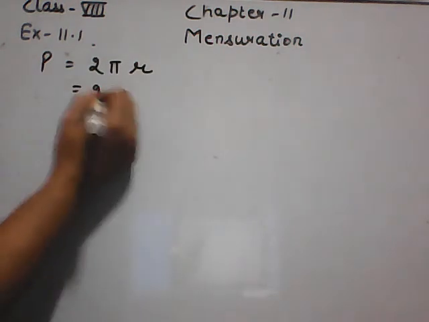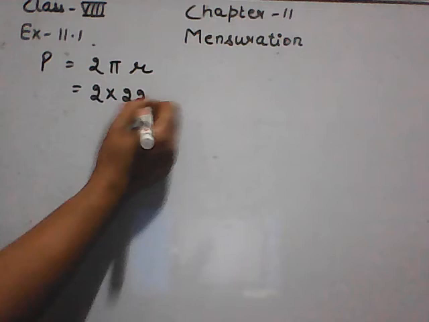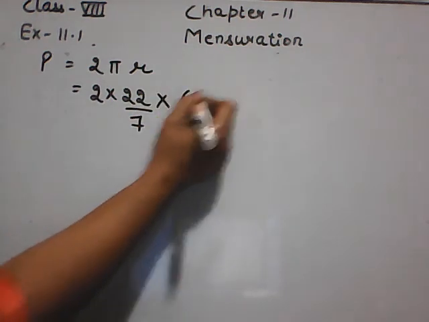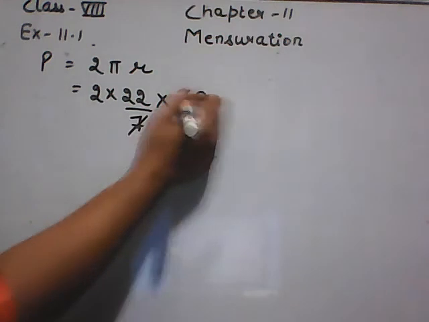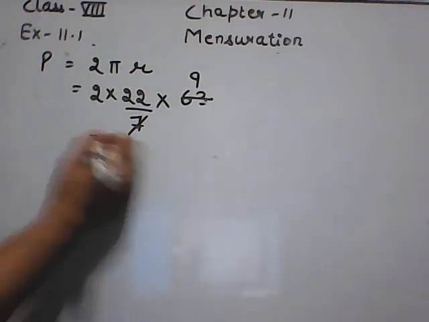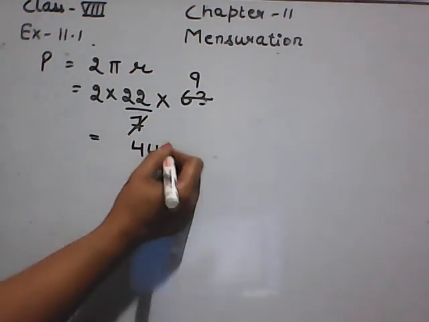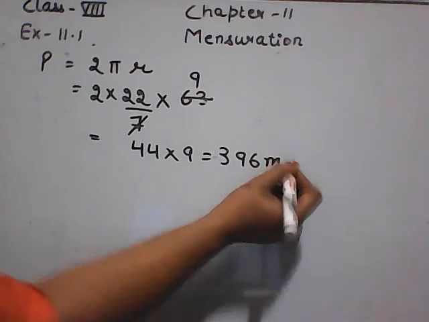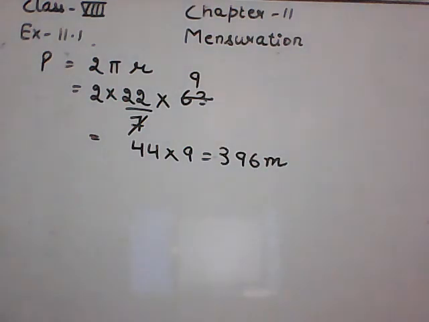The value of pi will be 22 by 7 and the radius is given to you as 63. 7 9s are 63. 2 multiplied by 22, 44, multiplied by 9 is 396. It is a perimeter, so the unit will be meter.